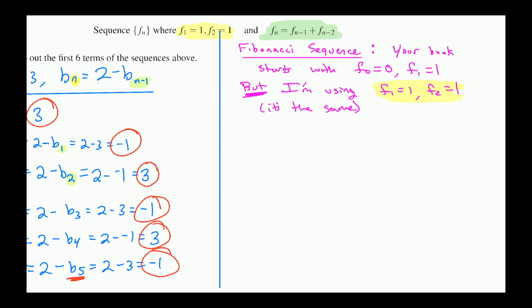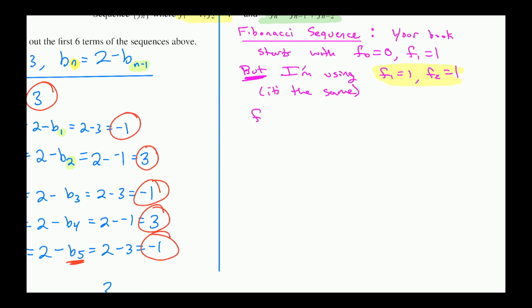Let's calculate some of these. F1 is what? 1, because I say so. F2 is what? It's 1, because I say so. So you start off with certain given values, and after a certain point, you have to use the formula.